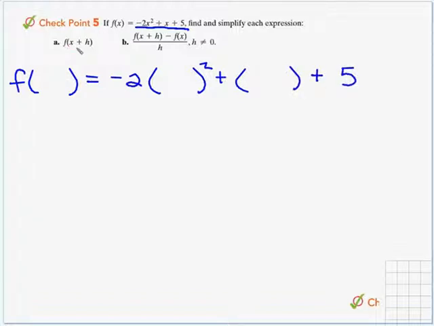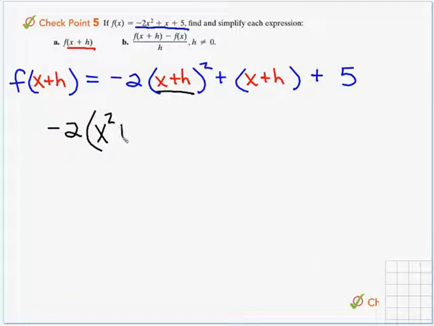And we're going to plug in the familiar x plus h, and an x plus h here. So we have our minus 2. And now I'm going to FOIL this out exactly the same as the last one. So it's going to be an x squared plus 2xh plus an h squared.